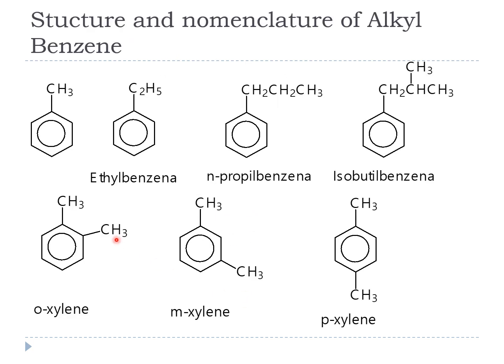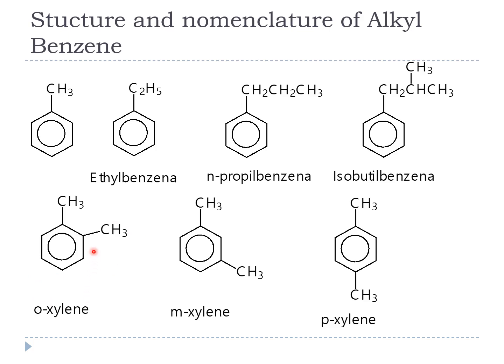Okay, these are some examples of structure and nomenclature of alkyl benzene. This is toluene or methyl benzene. The second one is ethyl benzene. This one is normal propyl benzene. This is isobutyl benzene. A benzene structure having two methyl groups is called xylene.